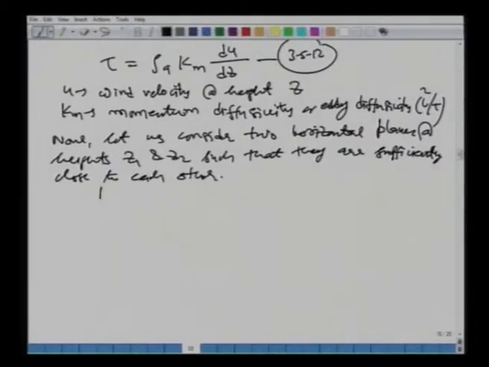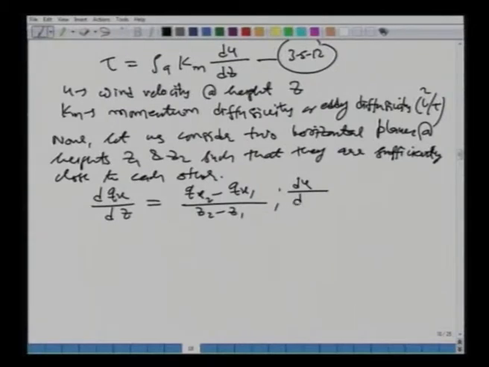So, what you can do then is d qv over dz is equal to (qv2 minus qv1) over (z2 minus z1), and similarly your velocity gradient will be equal to (u2 minus u1) over (z2 minus z1).